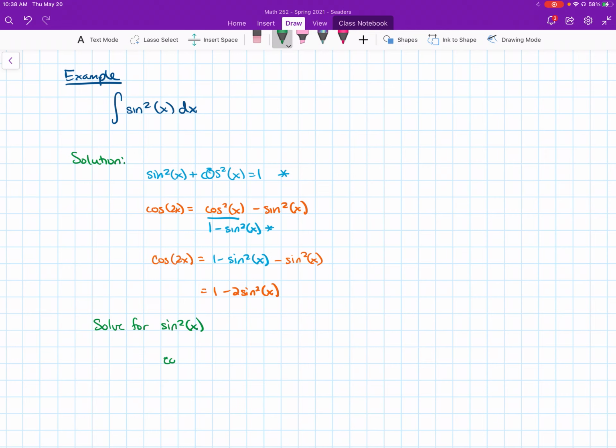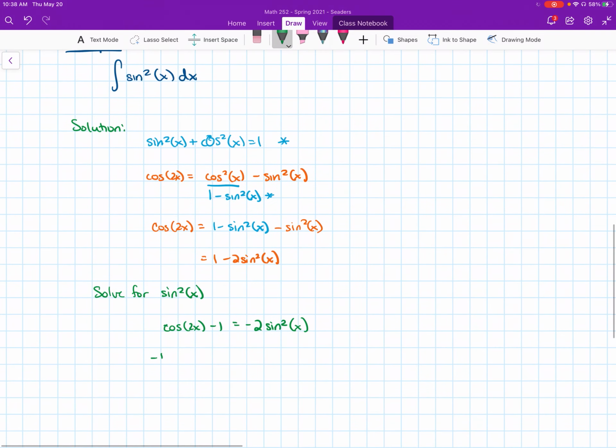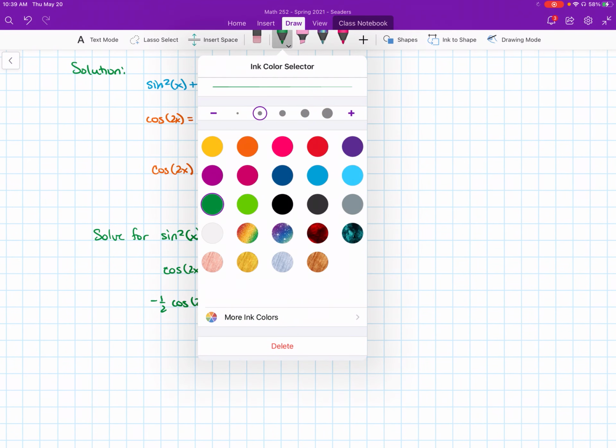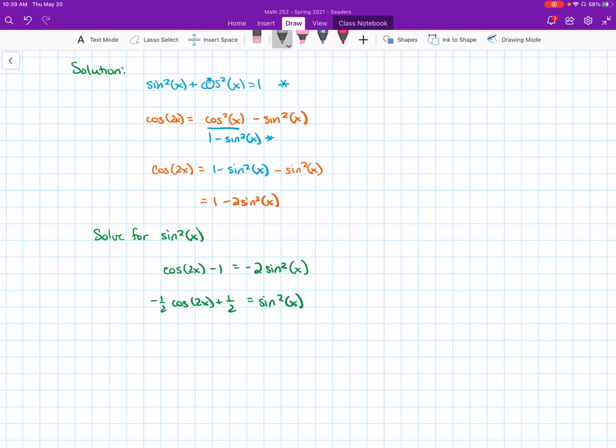So I'll subtract 1 from both sides. I will multiply everything by negative 1/2. And now I can rewrite my integral using this trig identity.